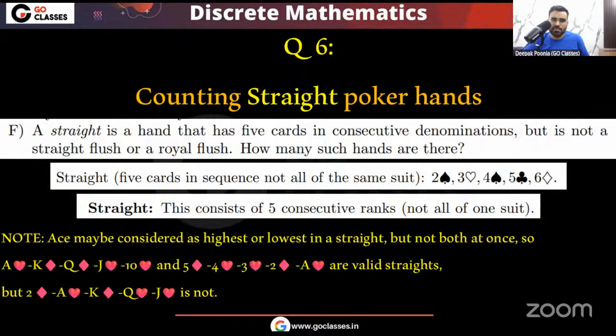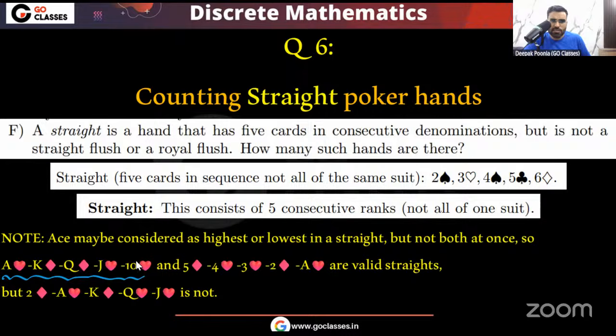What it actually means, let me explain. See, just notice these 5 cards. Not all cards have the same suit, because diamond is also there, heart is also there. So these 5 cards have at least 2 suits, or I can say that not all of them have the same suit.